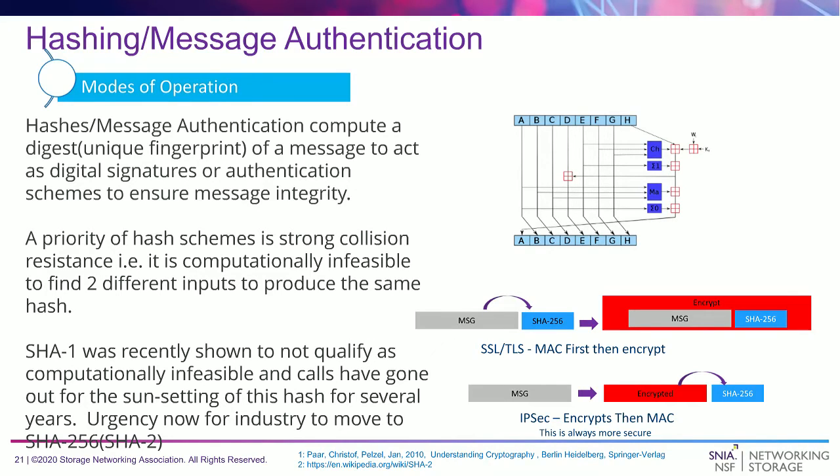And they call this strong collision resistance. So any given two messages, you don't want to have the same fingerprint. And you could see how this would be useful in so many ways.